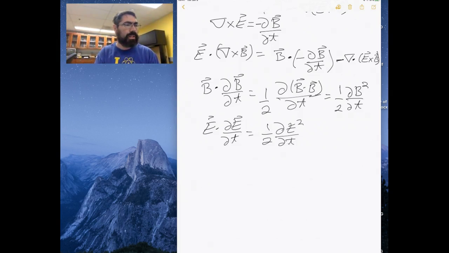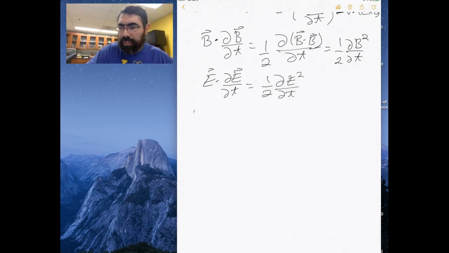Okay, so let's put all this back into our equation for the electric field dotted into the electric current.